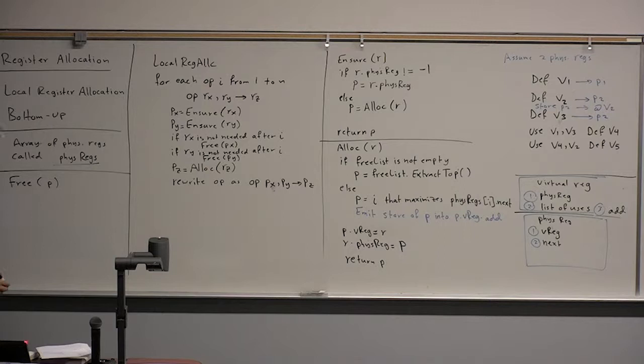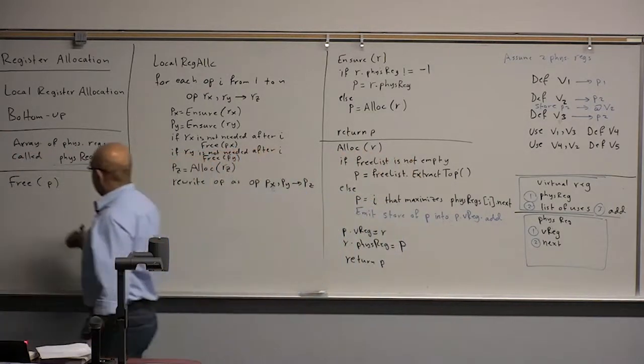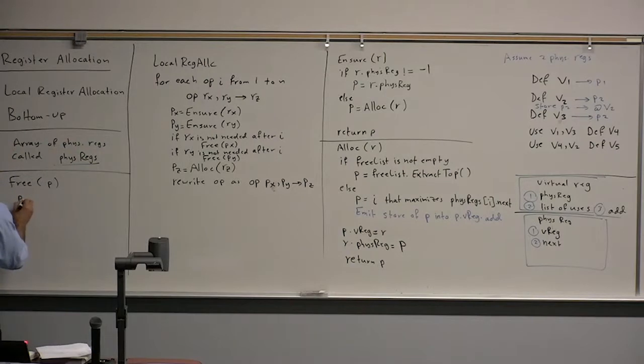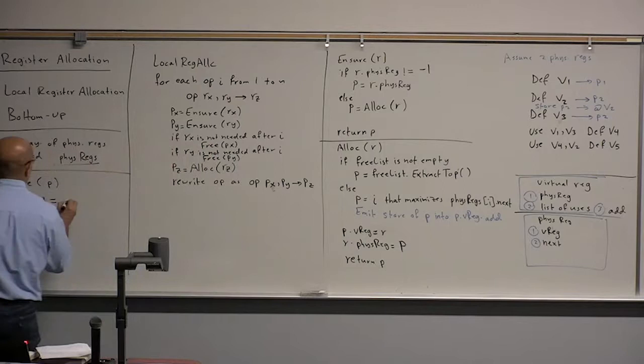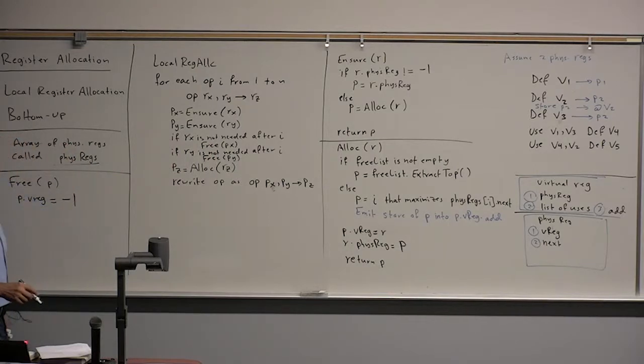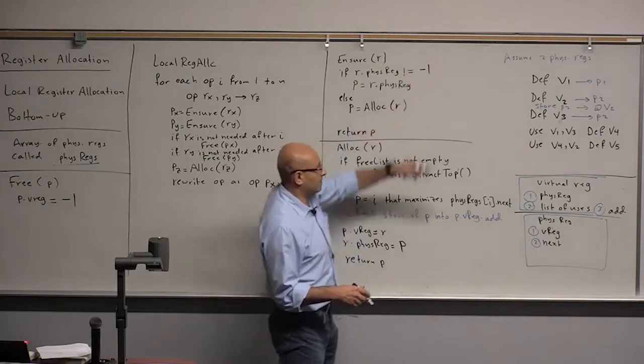So what do we do with these fields at least? We set p dot virtual register to what? To something invalid, right? We are freeing it. So we set it to invalid. Let's use -1 for invalid. Or you can just say invalid here.